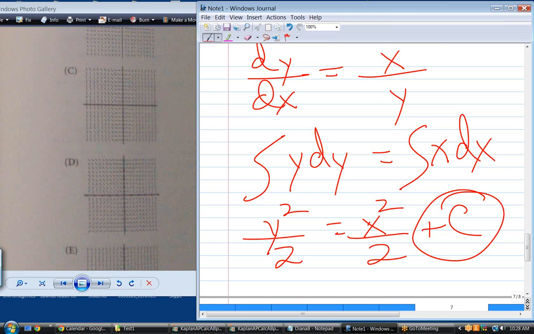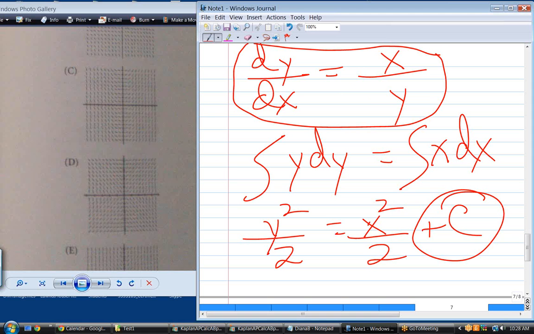So the slope fields can look different for different differential equations. Now, before we leave slope fields, let's talk just a little bit about this. There's another way to do this problem. Okay. What this is saying is that this is the slope anywhere you are. In other words, say I go to the point 4, 4, where x is 4 and y is 4. Okay. I need to find a slope of 1, because this tells me that whenever x is equal to y, my slope at that point has to be x over y.